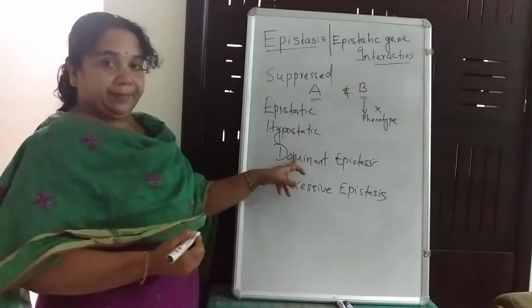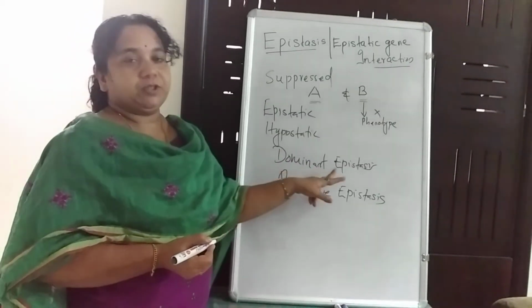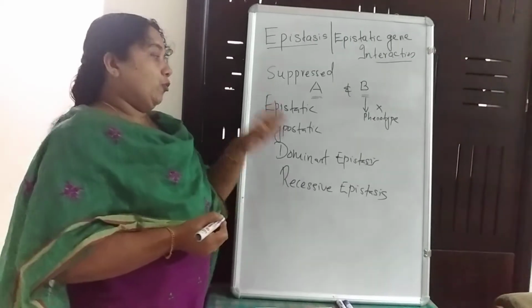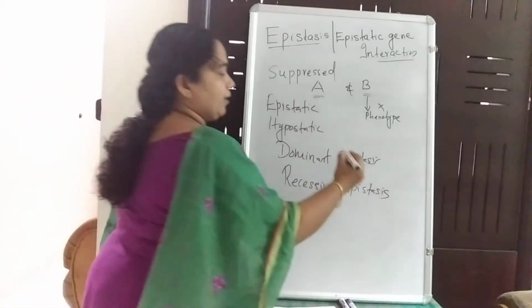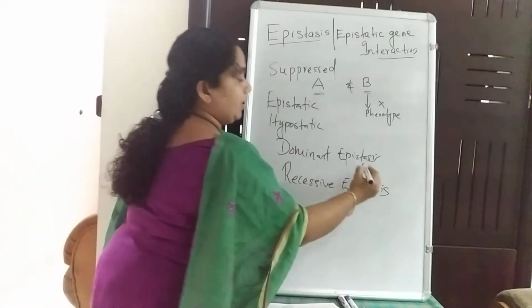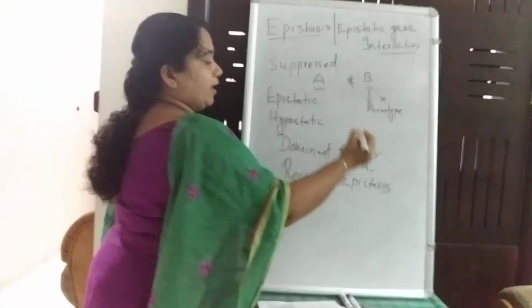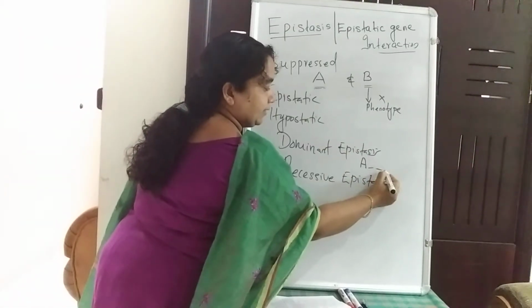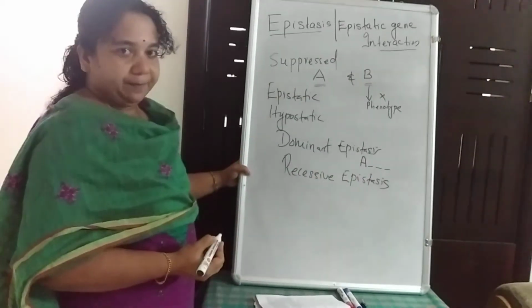In dominant epistasis, the dominant gene controls the expression of another gene. That is, if one dominant gene is there, then whatever the second gene may be, the phenotype will be the same.